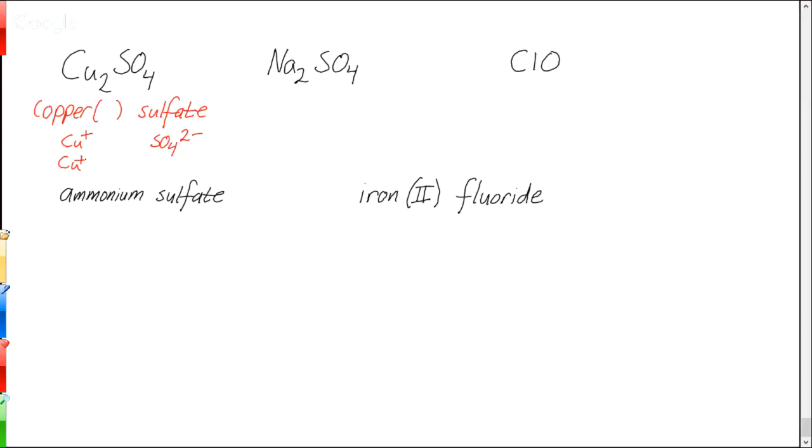Once we figure that out, then we can put the charge in that parentheses. So this is copper 1 sulfate. What charge in the parentheses? No. Yeah. The metals can never be negative.